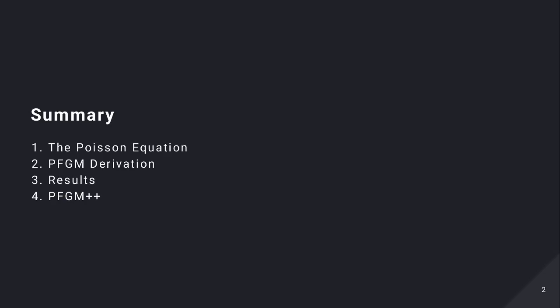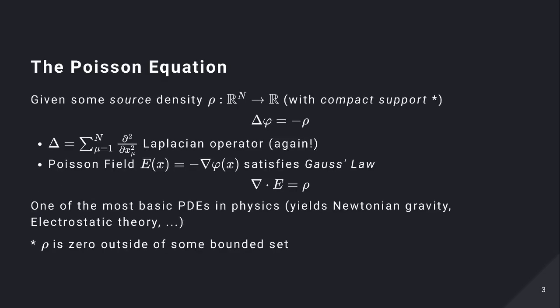So we also go through them step by step, and then we'll talk about the results they share, which are quite interesting. And then because PFGM, they later improved it with PFGM++, I'll briefly mention some interesting things about PFGM++, but I won't give a detailed explanation because one paper is enough.